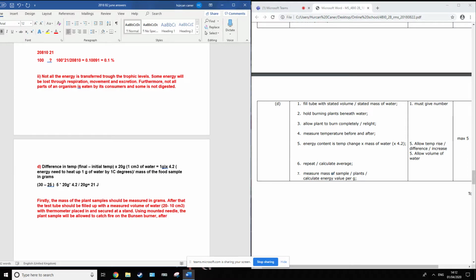After it's alight, it will be placed underneath the test, not the test tube, boiling tube.